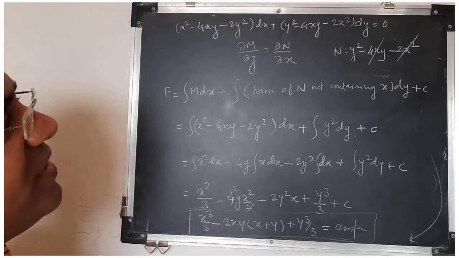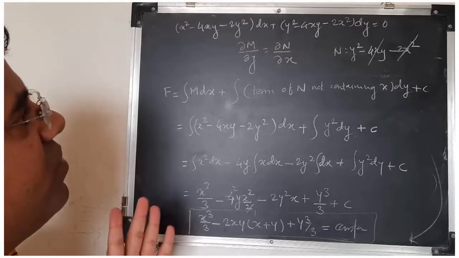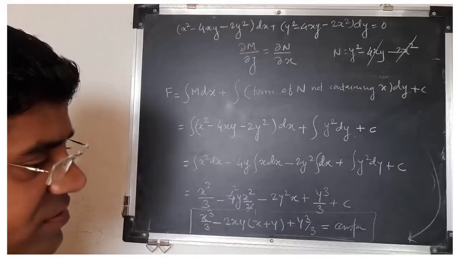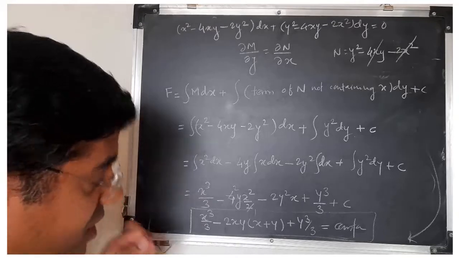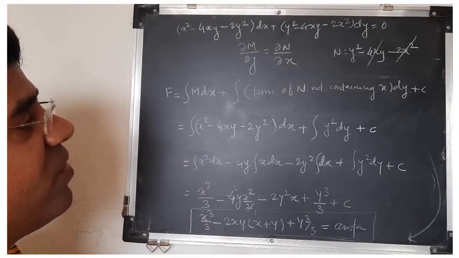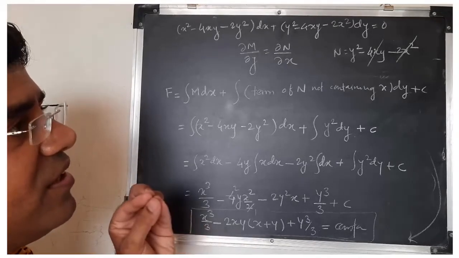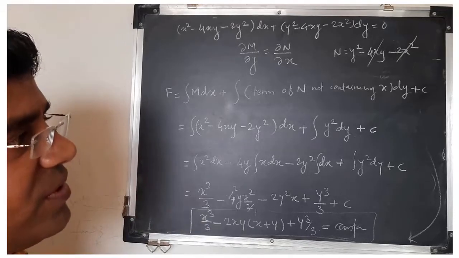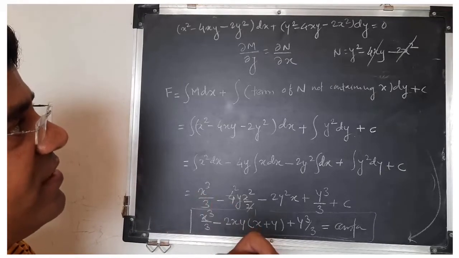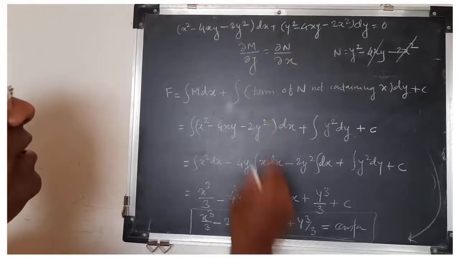So the previous one is an indirect method, and here you can see the direct one. What is the necessary and sufficient condition? Please remember the statement: the necessary and sufficient condition for the differential equation M dx plus N dy equal to 0 to be exact is ∂M/∂y equal to ∂N/∂x.